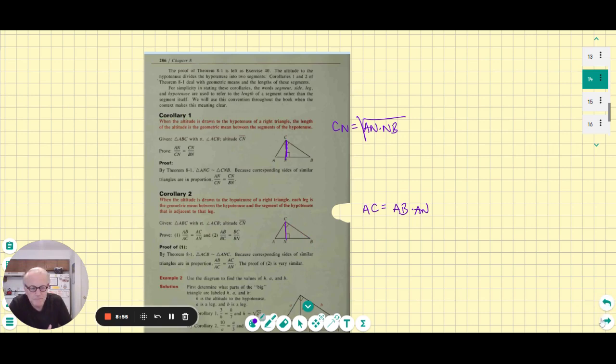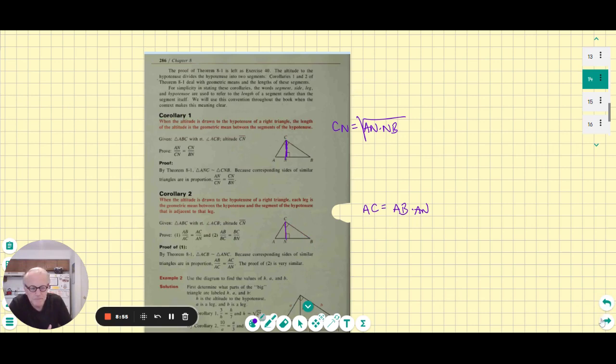Y is the geometric mean between the 16 and the 2, so it's the square root of 32, which simplifies to 4 square root 2.